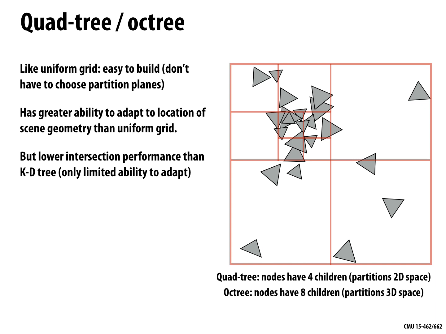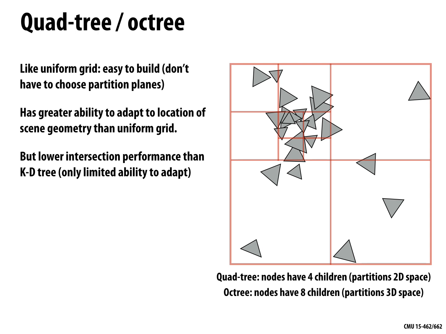There's other very common spatial partitioning data structures. One is called a quad tree or an octree. This is, again, a hierarchical partitioning strategy, but now instead of doing a binary split, we're going to split each cell into, in 2D, 4 pieces, right?